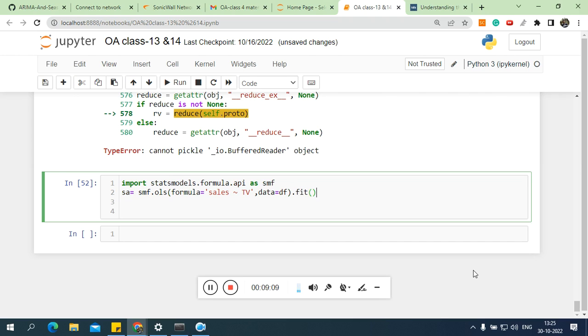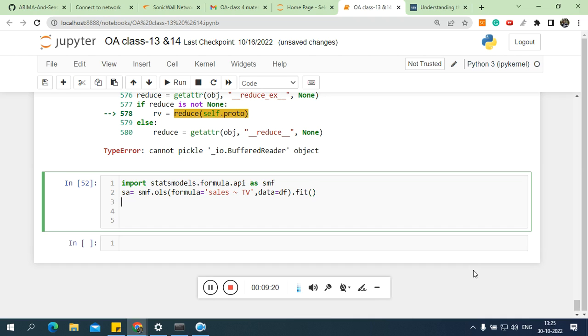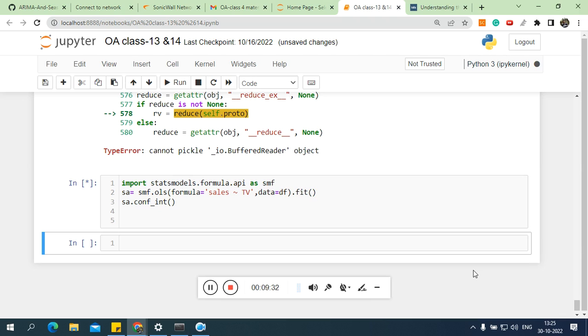We already made the model by use of sklearn, but I want some more detail about the relationship between these two features. So now I pass fit. Now what is the name of this analysis? SA.const you need to type, and it will give the result.